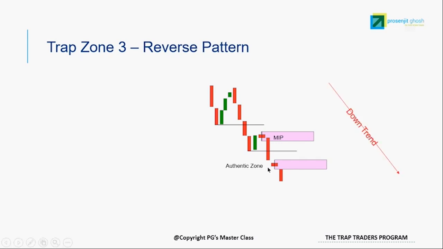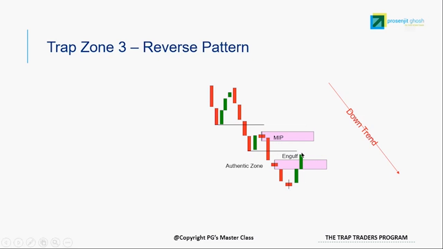So in a downtrend, suddenly an authentic zone got created, then price created a drop base rally, and thereafter price engulfs the authentic zone. Immediately when price engulfs the authentic zone, what happens, friends?